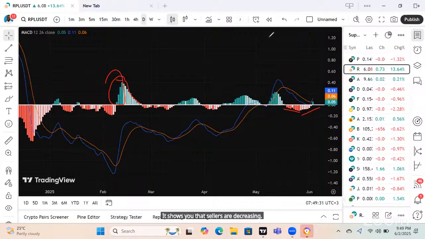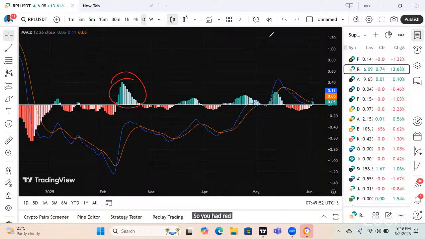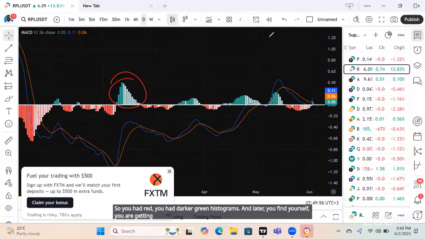And so, if you're a manual trader, you basically use histograms in what we call anticipation. Okay, what do you mean, Julius? You anticipate the crossover by following what the histograms are telling you. So you had dark green histograms, and later you find yourself you are getting light green histograms.